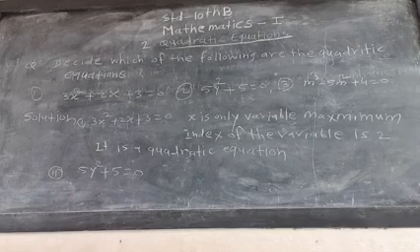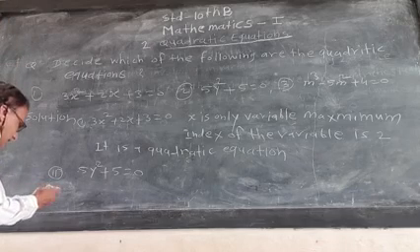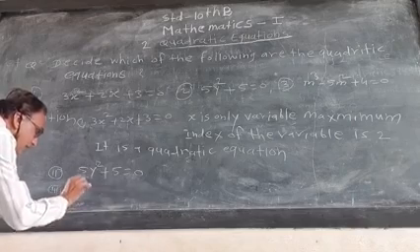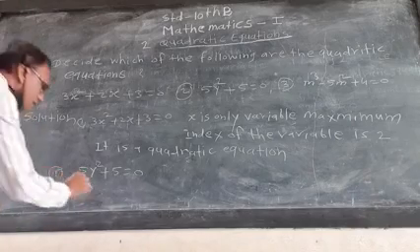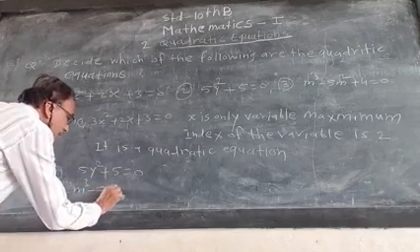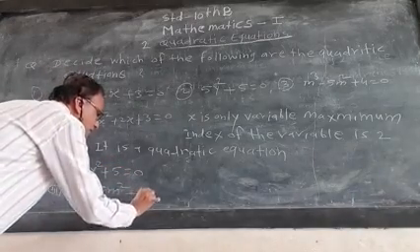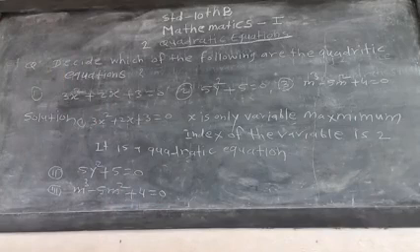Now we see the third example: m cube minus 5m square plus 4 equal to 0. Look at this equation.